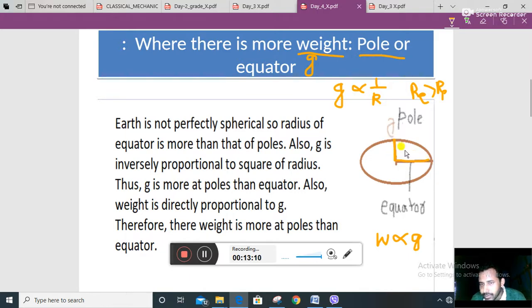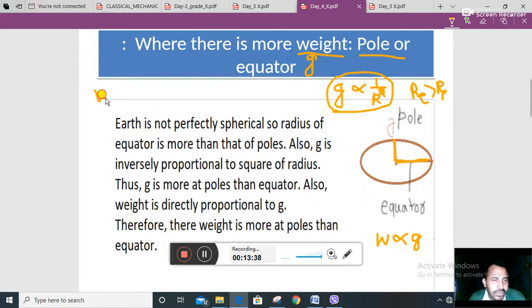From the formula we have learned previously, what we can conclude is g is inversely proportional to r square. Now see here, if this distance is higher, acceleration due to gravity will be lower. And weight is directly proportional to g.